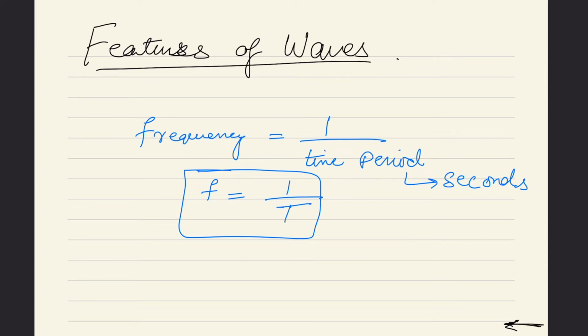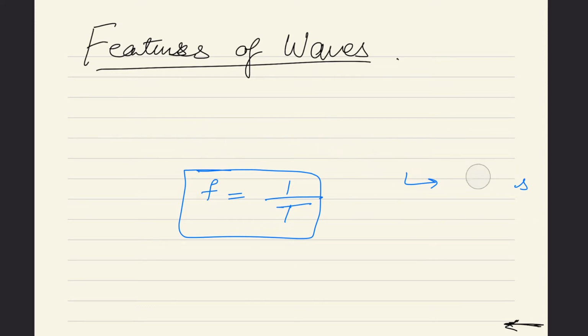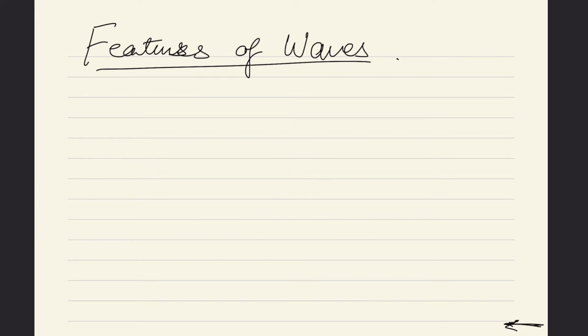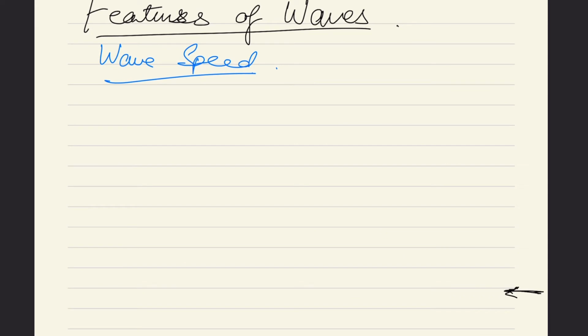Now after that, we have to discuss the wave speed. Wave speed is simply the speed with which the wave travels. So wave speed is related to frequency and the wavelength. We can write it as: speed of a wave is equal to frequency multiplied by the wavelength.